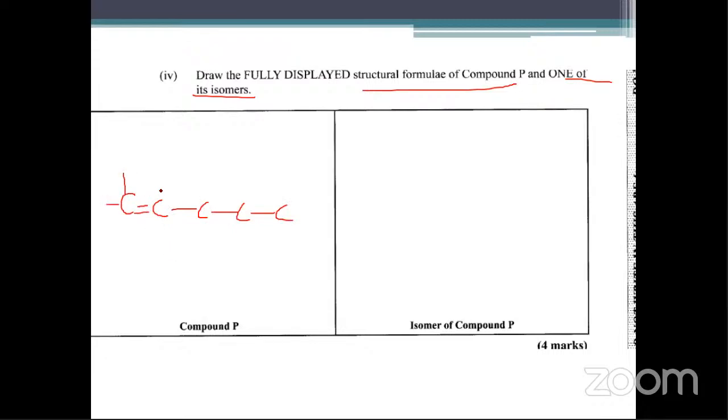So then you're filling everything else with hydrogens. All right, what would an isomer of this one look like? Where would you switch the place of the double bond, right? Where can you put the double bond?